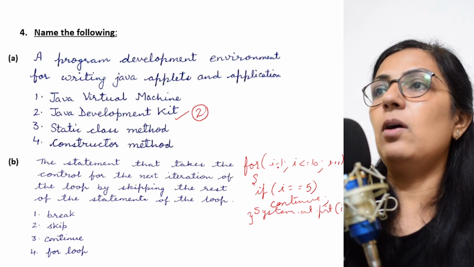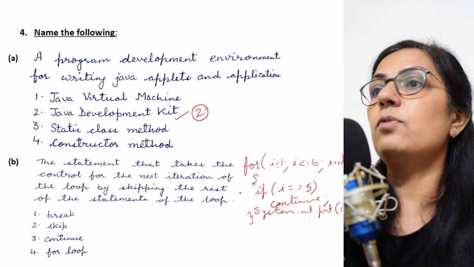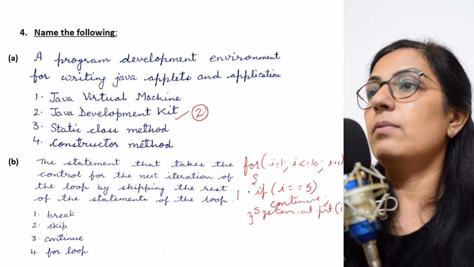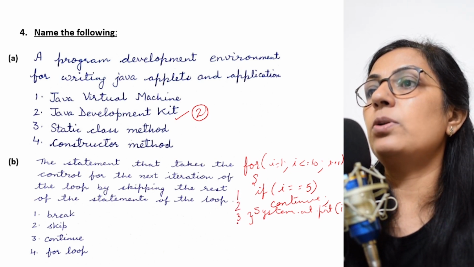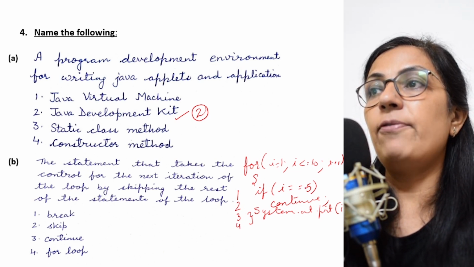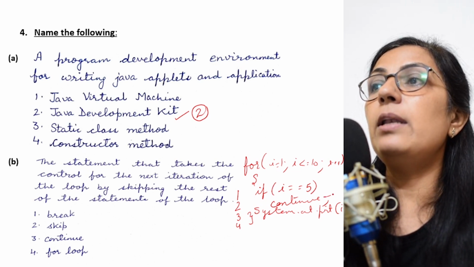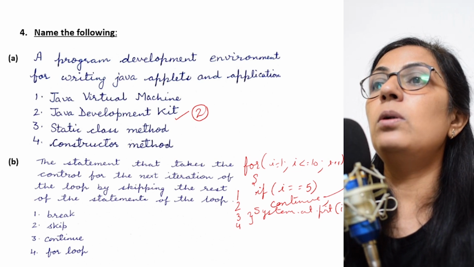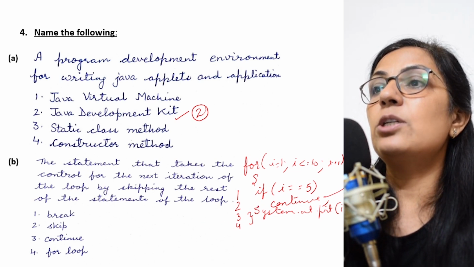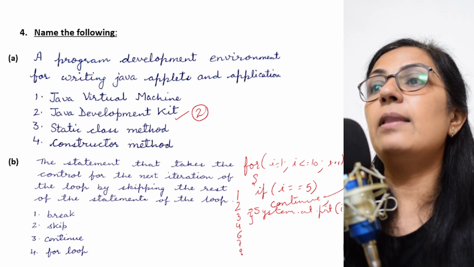Now what will be the output? i equals 1, the condition is false, it will print 1, then the value will be incremented, 2, 3, 4. Then when the value of i will be 5, it will check if i equals 5. Yes, it is 5, so it will continue. Continue will take the control to the next iteration. So the next statement which is written after continue will not be executed. So after that the output will be like this, right?